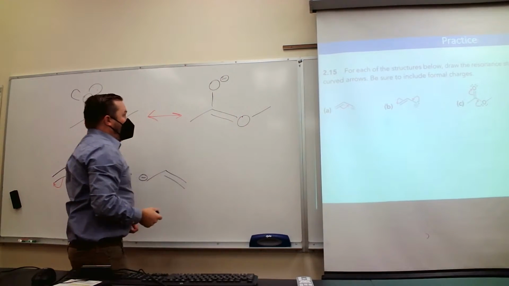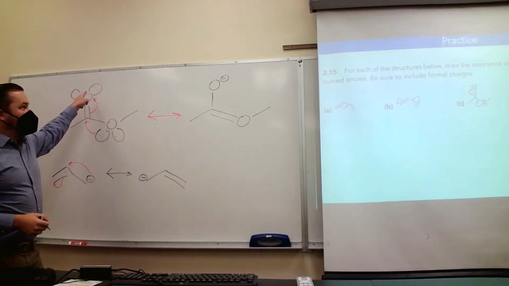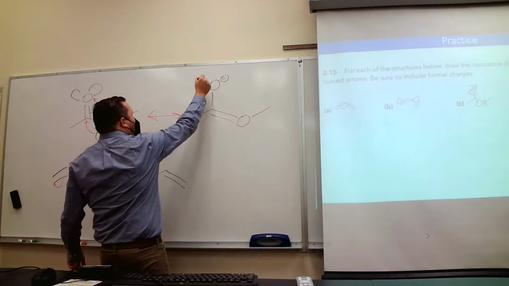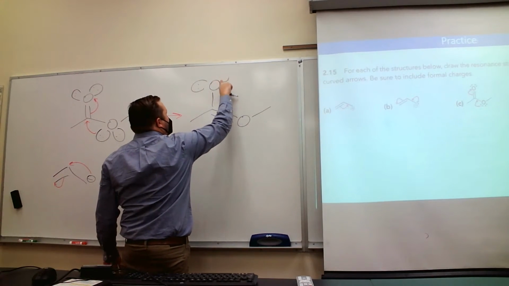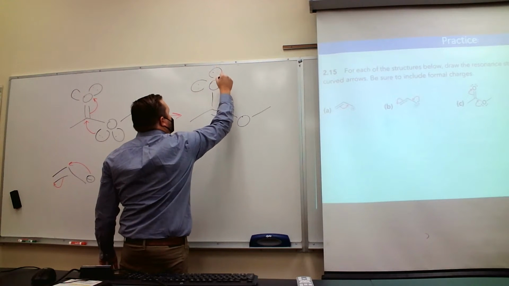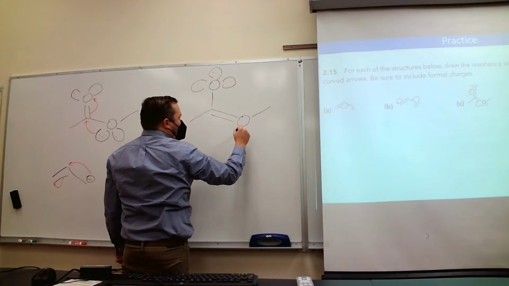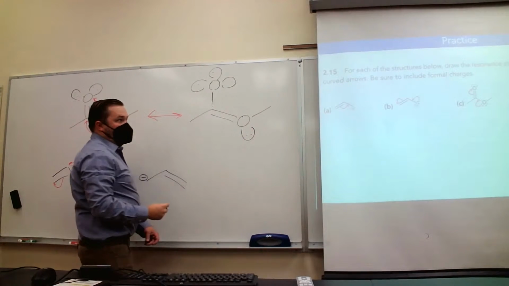And to do that, we had to move a pair of electrons up. So we wind up with an oxygen with 3 lone pairs at the top, and an oxygen with only 1 lone pair at the bottom.